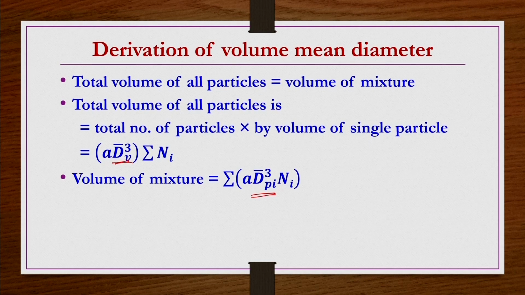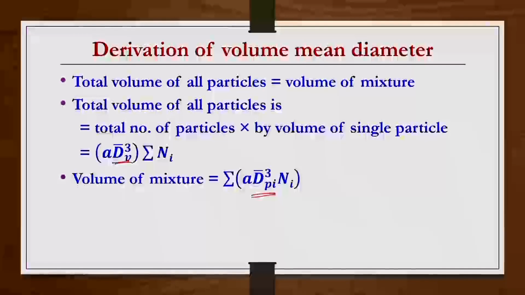So, for the volume mean diameter, we are assuming that all the particles have a diameter of d̄_V. Whereas for the mixture, we are assuming that all the particles have the average diameter d̄_pi for a given ith increment.